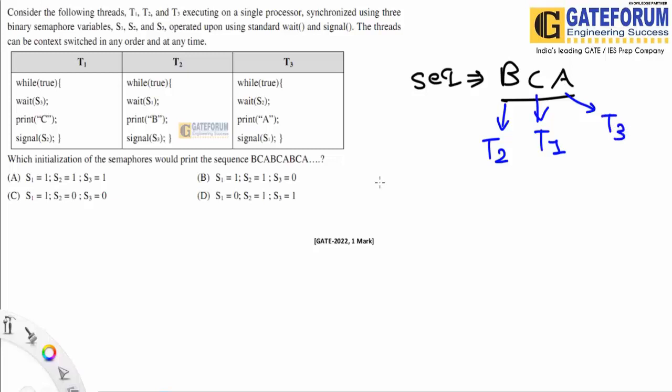So the requirement is that the first thread should be T2, second should be T1, and third should be T3, and they should repeat in this fashion. First T2, then T1, then T3, then repeat.